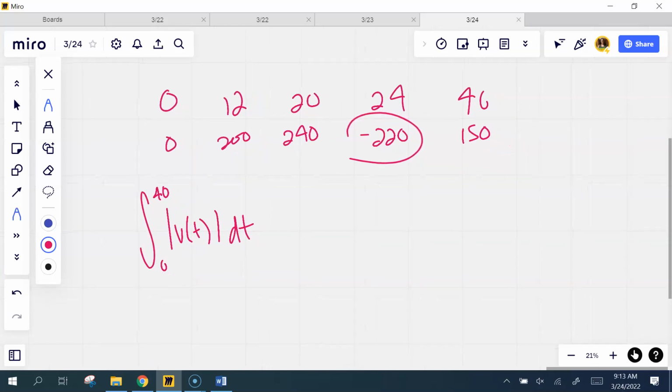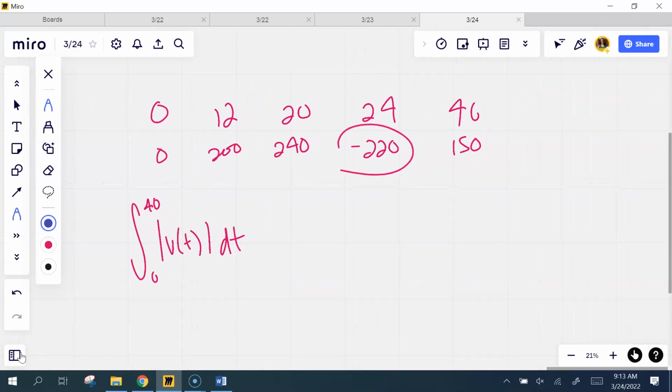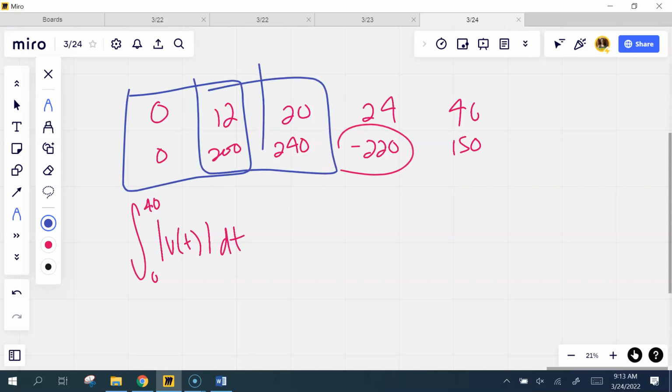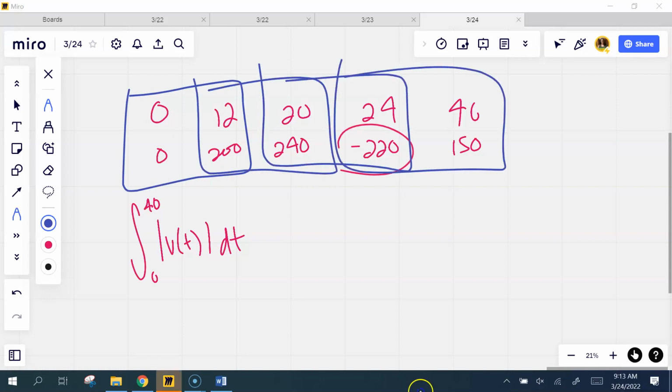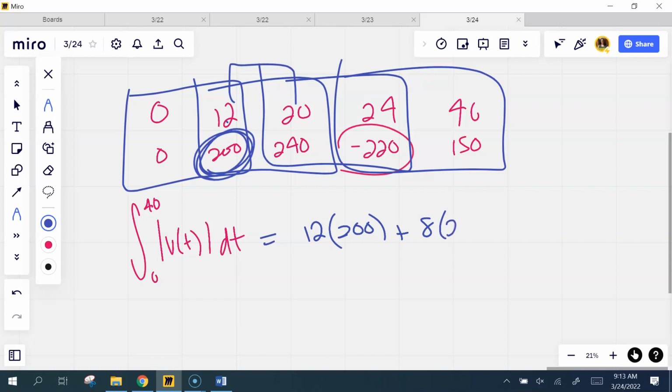All right, so here, right Riemann, so I've got rectangle, rectangle, rectangle, rectangle, right? So the first one has a width of 12 and a height. I'm using the right Riemann sum, so I'm going to start with 200 plus. The next one has a height of 8 times 240. The next one has a height of 4 times positive 220.